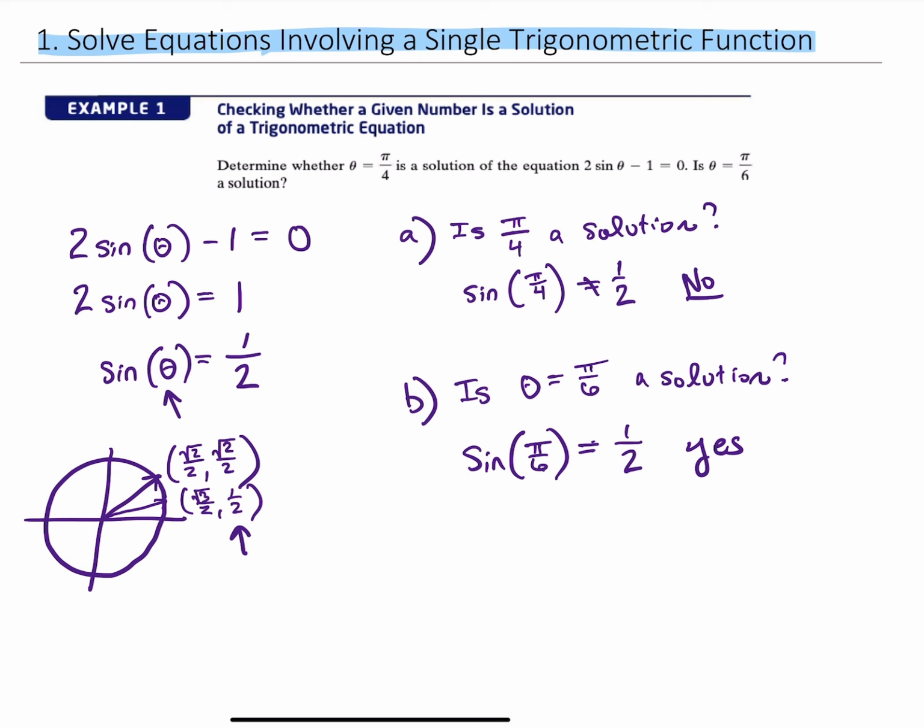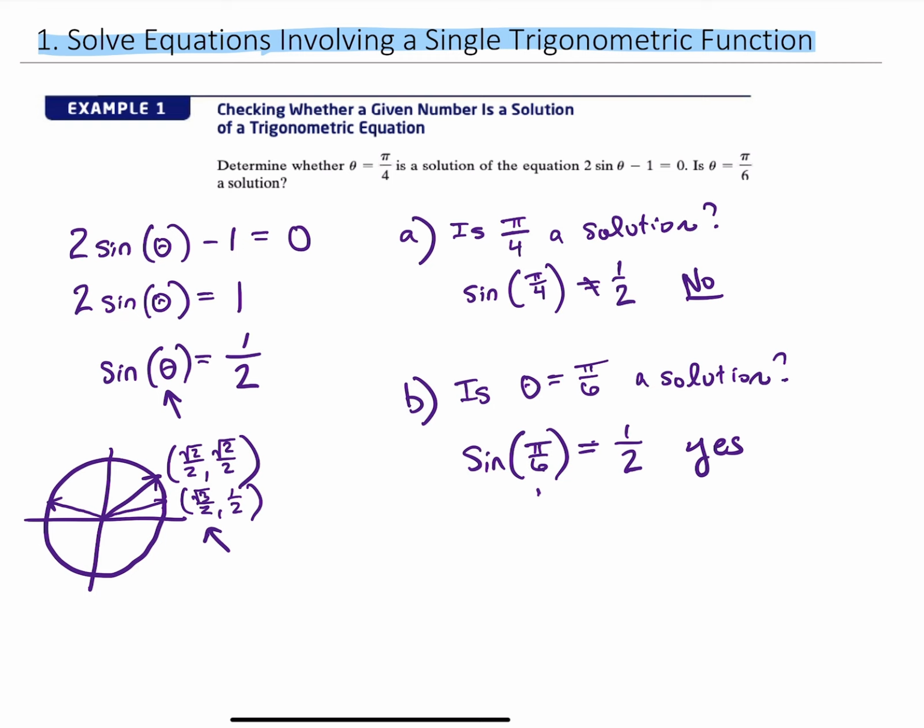I'm saying a solution because I could ask a follow-up: are there any other angles that make this true? Well, we could imagine all angles that are coterminal to pi over 6. We could add 2 pi, rotate around again 360 degrees, and get another angle, which will be different from pi over 6 but has the same sine value. There's also another angle in one trip around the unit circle at 5 pi over 6, which would also have a sine value of 1/2.